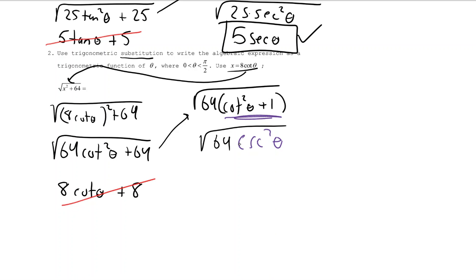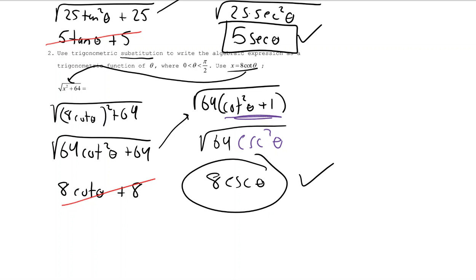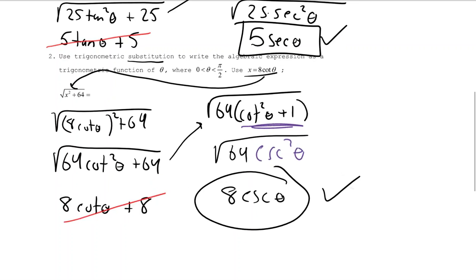And now that these are not terms, they're not being added or subtracted, you can just take the square root of each piece. 8 times cosecant theta. 8 cosecant theta times 8 cosecant theta is 64 cosecant squared. So that's what you were aiming for.